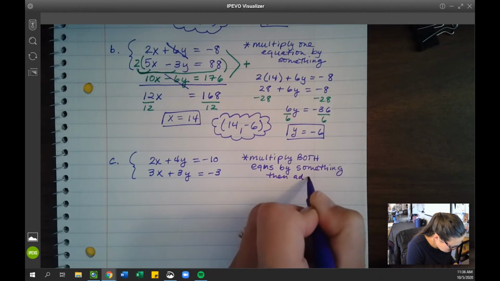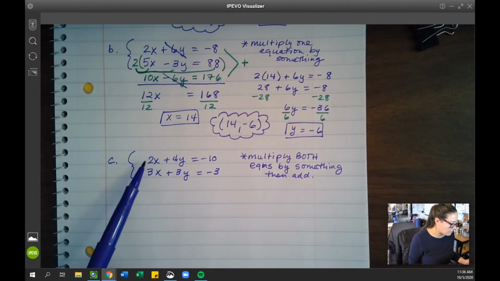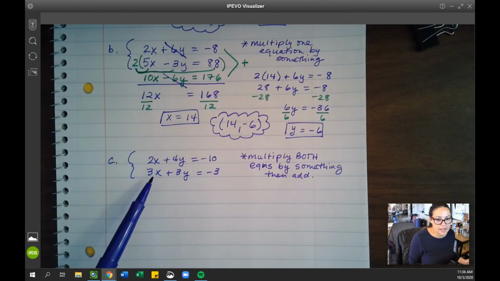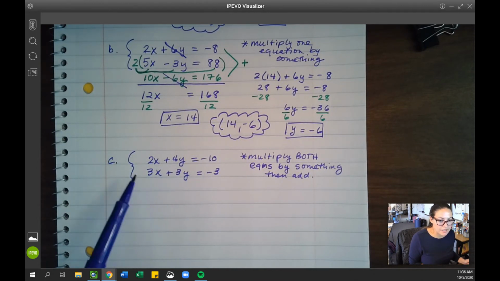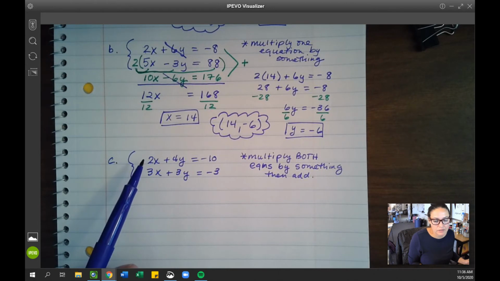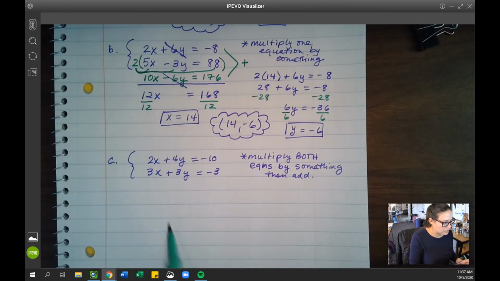Because there's nothing that I can multiply this top equation by so that I get negative 3x, and same thing with the y's. However, I can change both of them and make them the same number. So I can make 2x into 6x, and I can make 3x into negative 6x by multiplication.